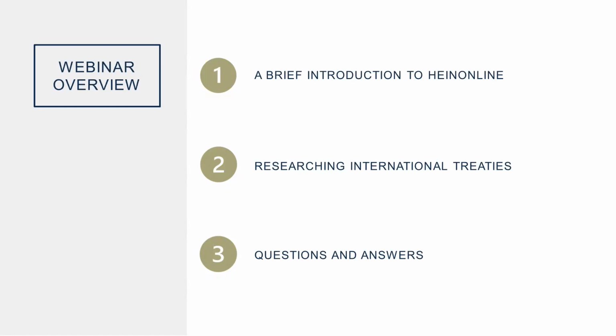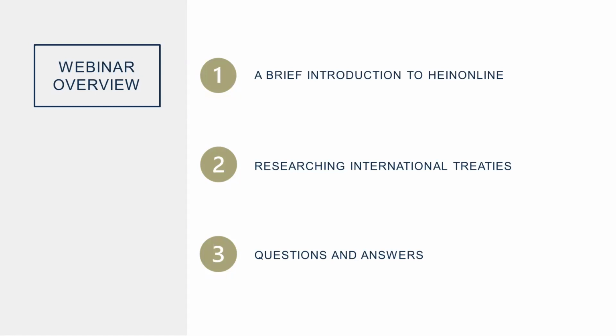So HeinOnline is a multidisciplinary database. We cover over 1,500 research topics and 40 academic subjects. So just to give you an idea of some of the subjects covered: international relations, women's studies. We have a database focused on water law and water rights, law of the sea, political science, criminal justice, medicine, religious studies, and so much more.